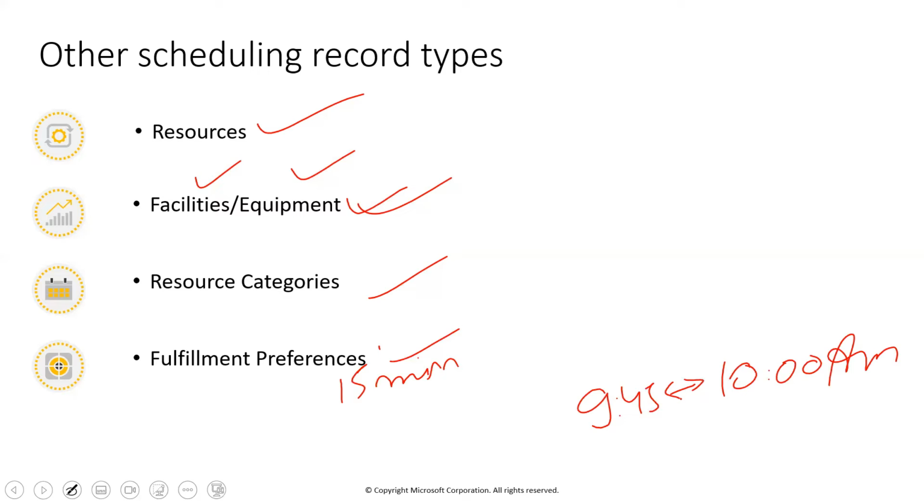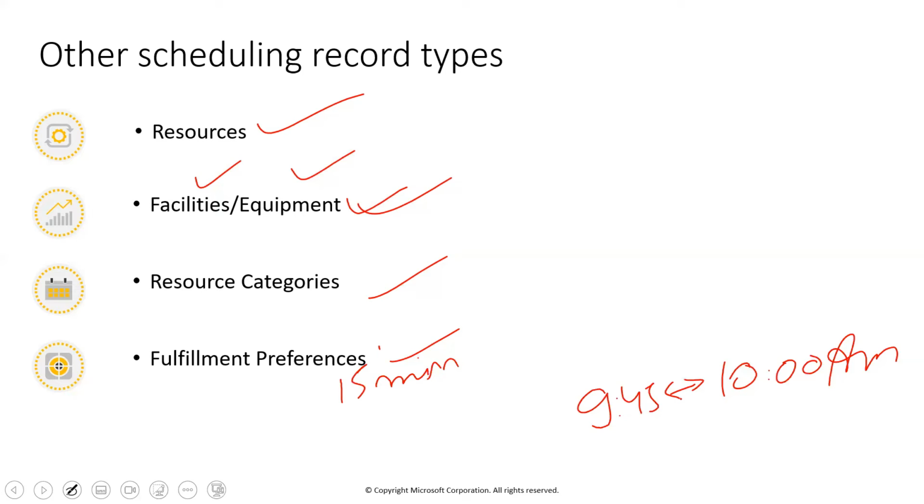Whichever user or resource is going to be available in that period of time, only those users can be assigned in this requirement, called a new training requirement. If my users are going to be free only at 10 a.m., that specific user cannot be assigned to this service activity because we have opted for this 15-minute preference.